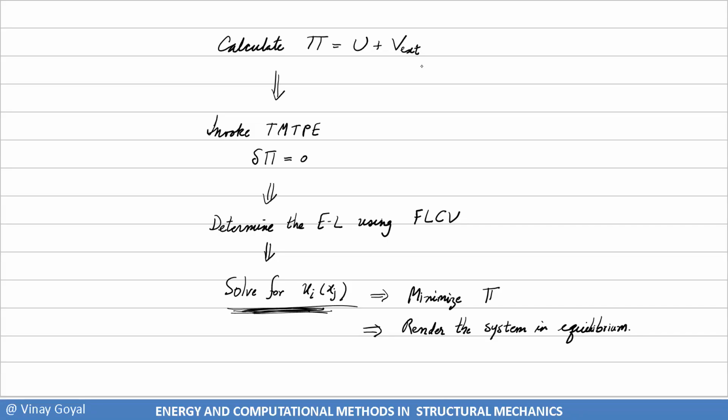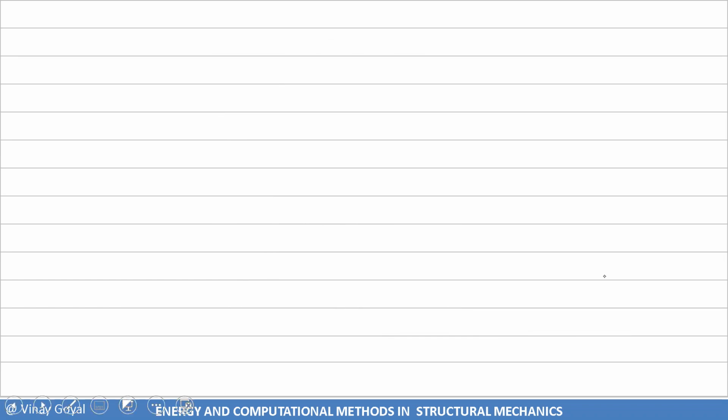So I've used a lot of different acronyms here, but we should all be familiar with these acronyms so far. And now what I want to do, I want to step into a second theorem. That's called the first Castigliano's theorem.